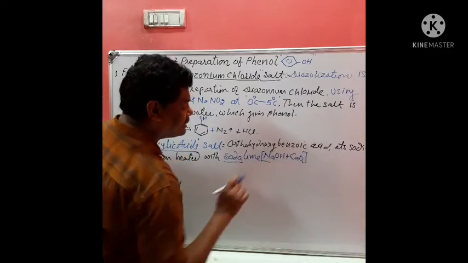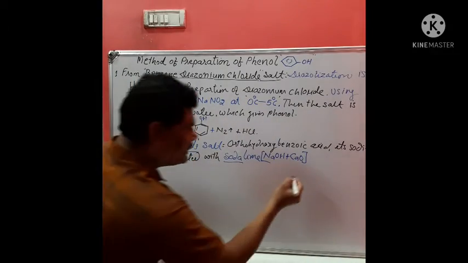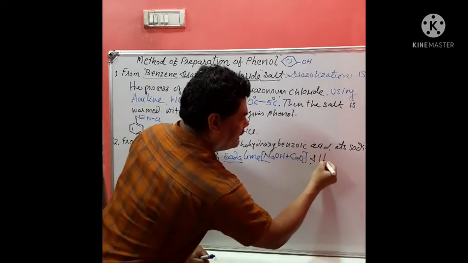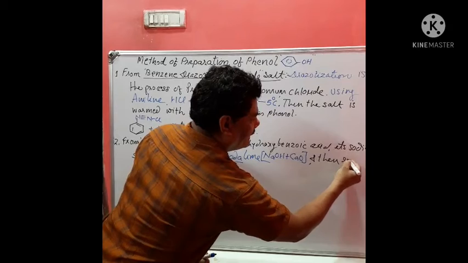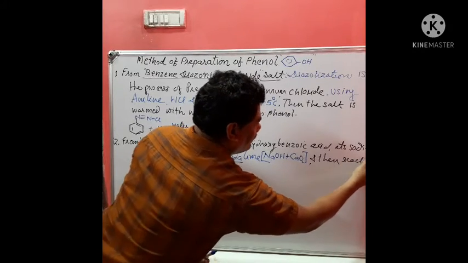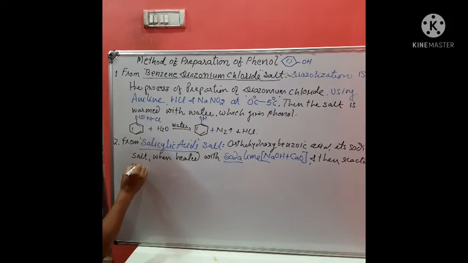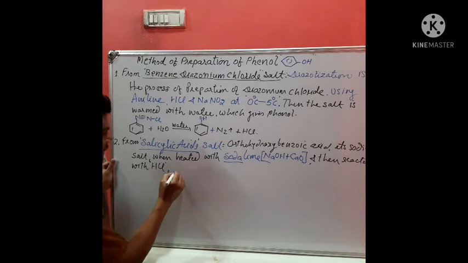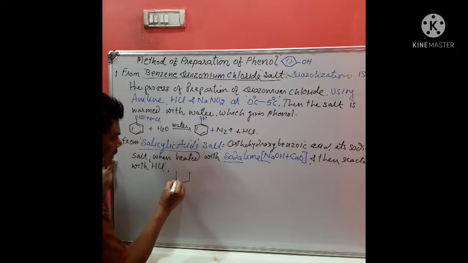CaO. This is called quicklime. Okay, and then reacted with hydrochloric acid, that is HCl. Now how is it? So you can write the reaction.